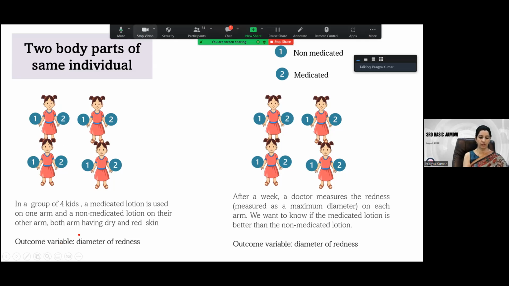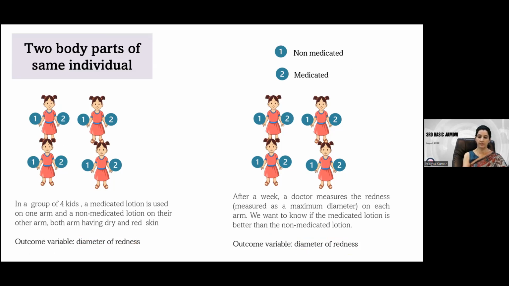After application of the ointment, you have measured the diameter of the redness and then you are comparing. So in this case also, you will apply the paired sample t-test. These are again the same cases which we have seen in the first slide.